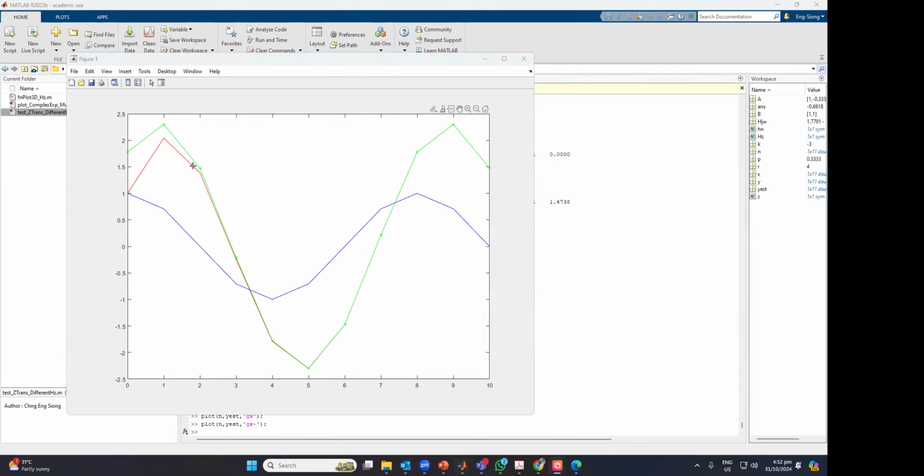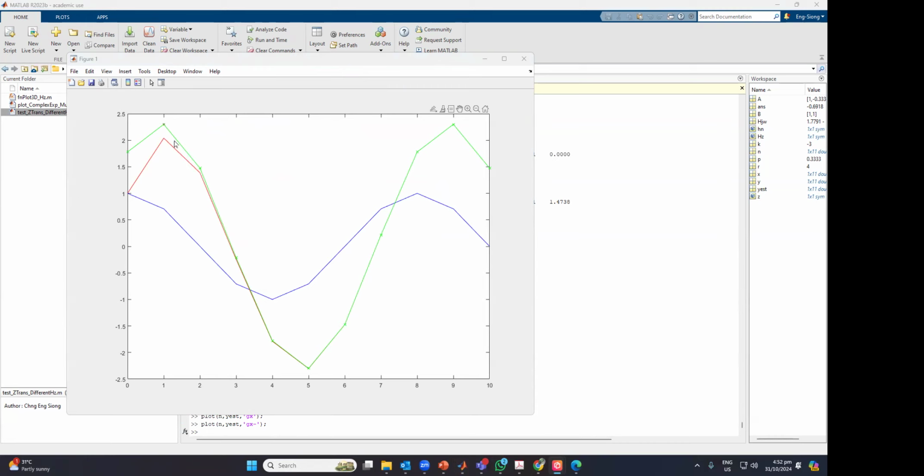And in the beginning, they were not overlapping. Why? Because in the beginning, the red line, the memories were all zero, right, guys? y of n minus 1 was 0, x of n minus 1 was 0.